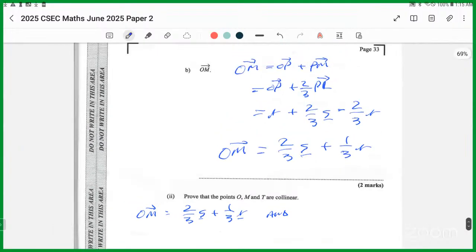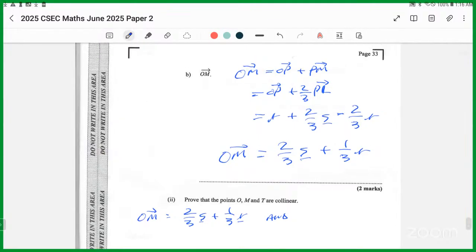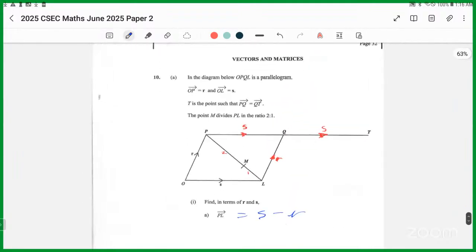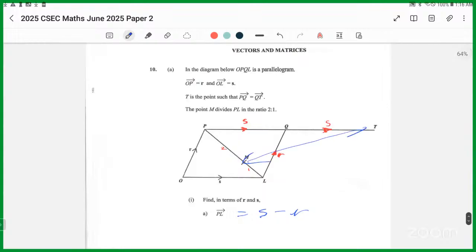Look at the diagram and see what we want. Either we need OT or MT. Which one is easier to find?